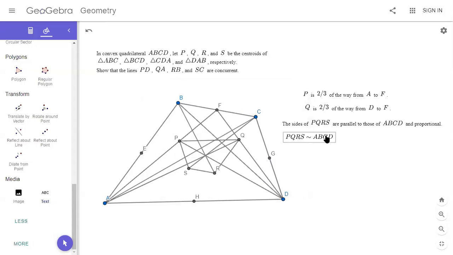All right. And once we know that, Timo said we should be finished. I'm trying to see why that's true.